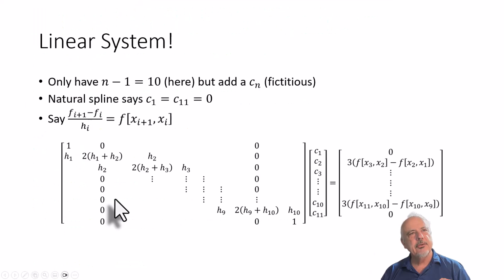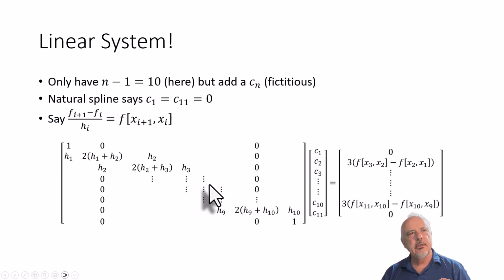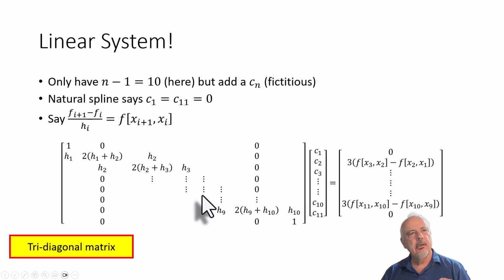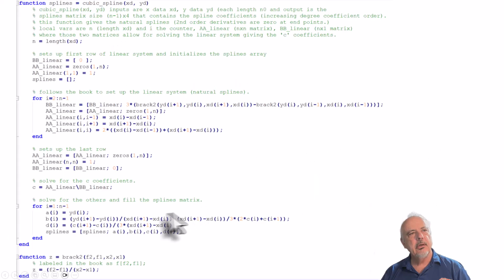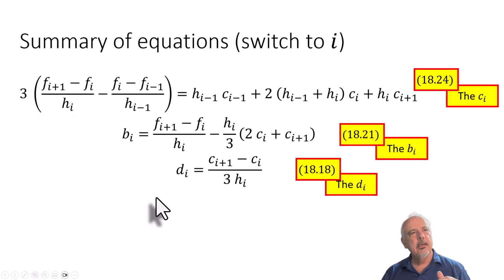If I go back to here, I'm going to be using that 1821, the BI equation. Go back here, right? So that's the BI equation. Check me out. And then I have the DI equation right here. Go back. Right there, 1818. I called it the DI equation.